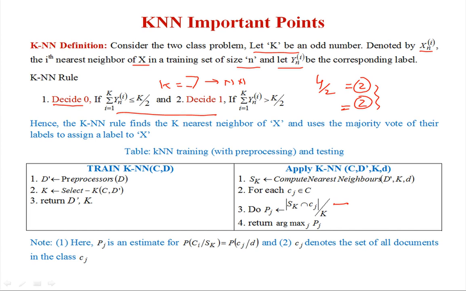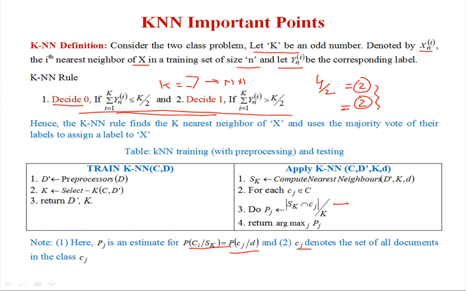Actually argmax over j is calculated using the same technique, and decides whether that document will be part of the given class cj or not. Here pj is estimated as pj equal to ci by K, which equals cj divided by d, and cj denotes the set of all documents in the class.